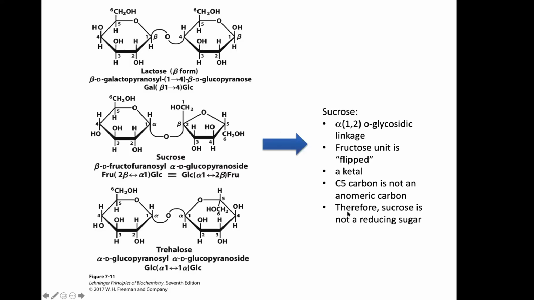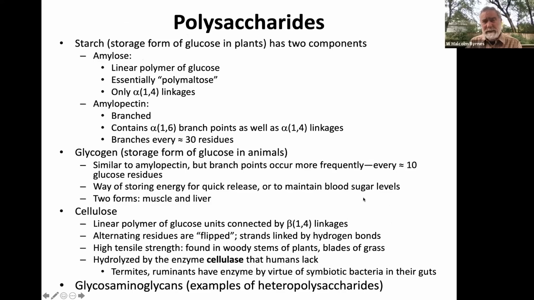You're welcome. So now let's talk about polysaccharides. There are different kinds of polysaccharides. One of them is starch. This is a storage form of glucose in plants. It has two components: amylose, which is a linear polymer of glucose. It's essentially polymaltose and has only alpha-1,4 linkages, like the kind seen in maltose.